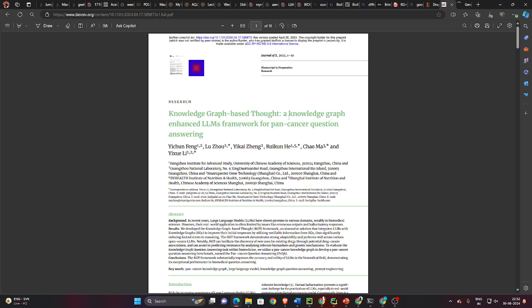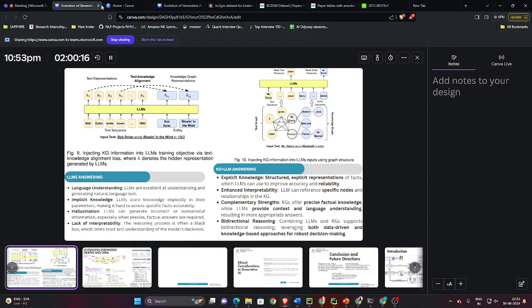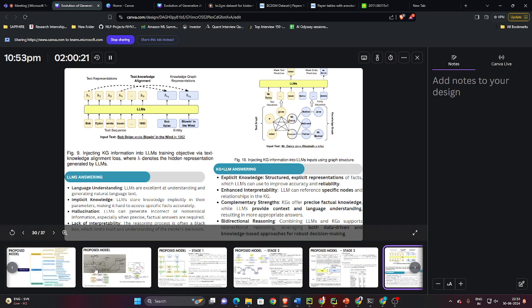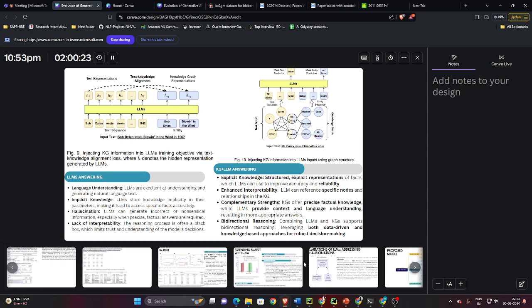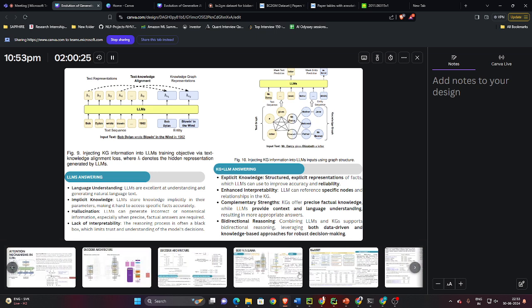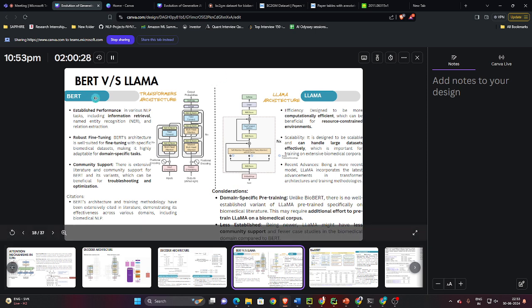Let me show you a result actually, about how we can extract keywords from biomedical data and create knowledge graphs. I'll take a moment to show you a code and its associated result. During my presentation, I had mentioned the trade-off between BERT and Llama, and why I finally chose BERT instead of Llama.